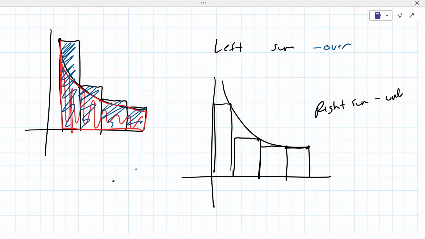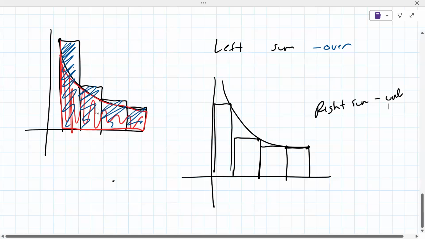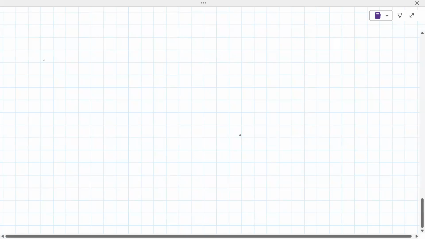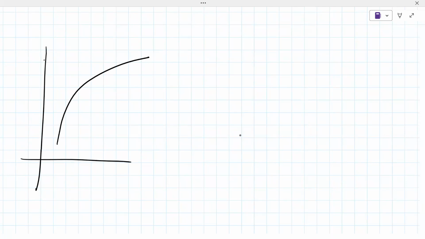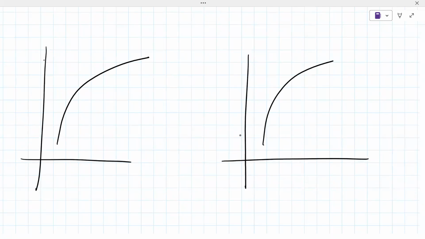So whether it's an over or an under depends on whether the function is increasing, decreasing, concave up, concave down. There are no hard and fast rules that are worth memorizing. There are rules, but they're not worth memorizing. It's best to draw these rectangles and then decide. So for example, here, let's say I give you something like that, and we do a left sum.